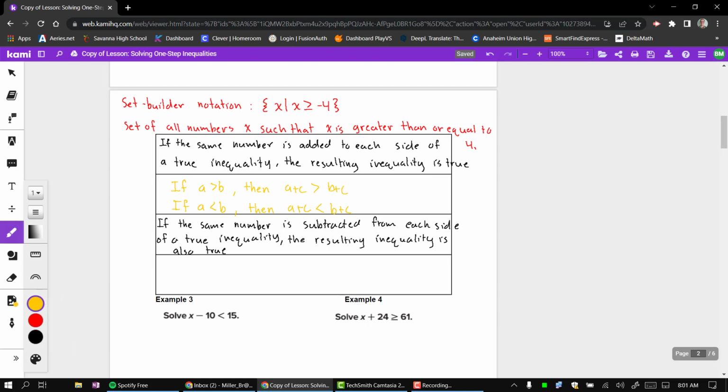So that's the words. What do the symbols look like? Well, if A is greater than B, then A minus C is going to be greater than B minus C. Also, if A is less than B, then A minus C is going to be less than B minus C. So this is going to help us out with the next couple of problems. Let's take a look at them.